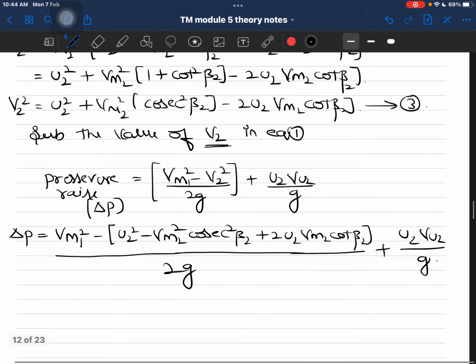Next, try to take 1 by 2g common. If I take 1 by 2g common, what will be left here?